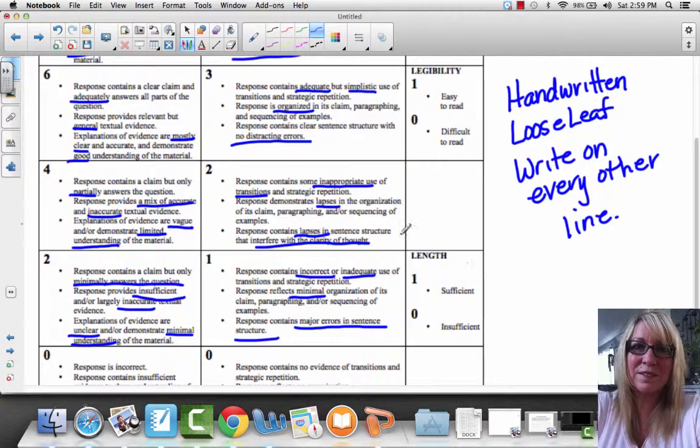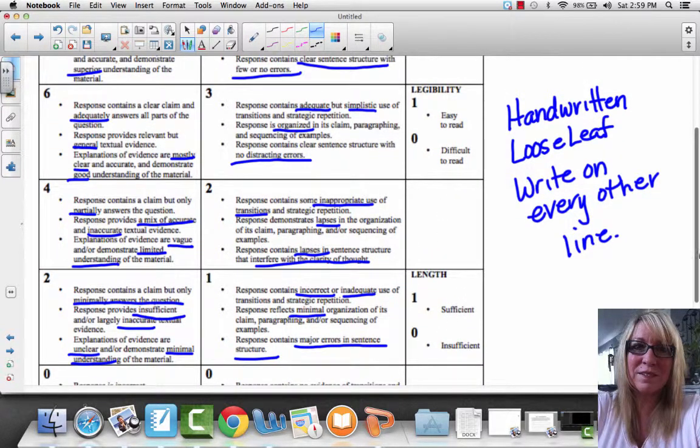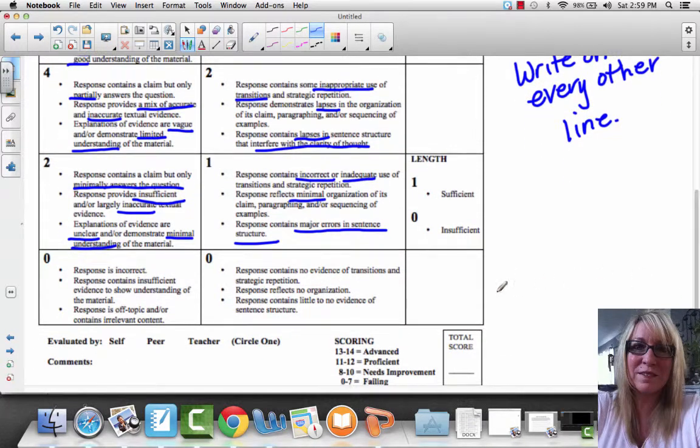And then length, sufficient, 1, insufficient. Okay, so that's how you will be graded. 13 to 14 is advanced, 11 to 12 is proficient, 8 to 10 needs improvement, and 0 to 7 is failing.